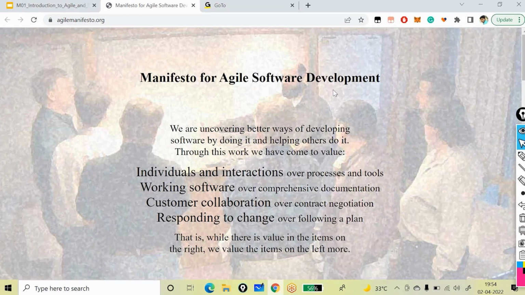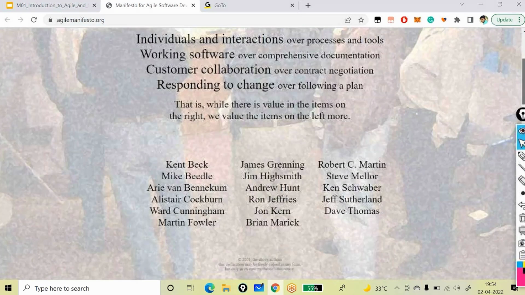This is your manifesto. What has happened, as I mentioned to you, based on the problems from the waterfall approach, all the 17 developers met at the Snowbird Resort in the year 2001 and framed this Agile Manifesto. So I will explain what things are present inside this Agile Manifesto. But before that, see these 17 developers here.